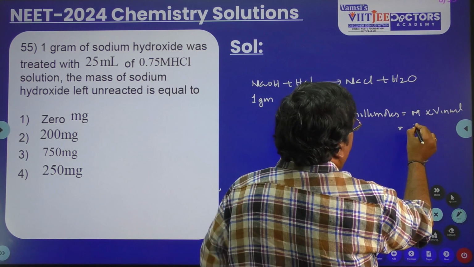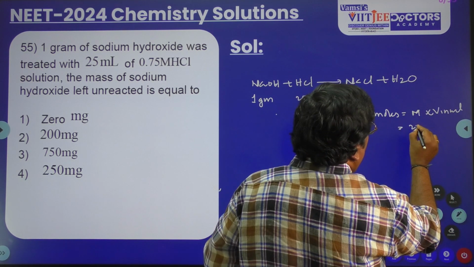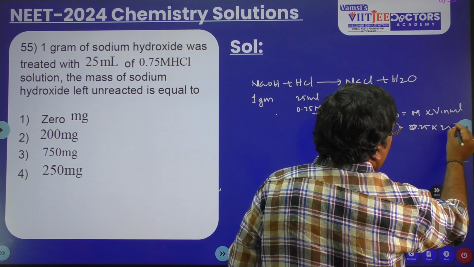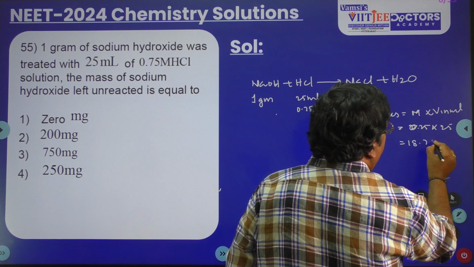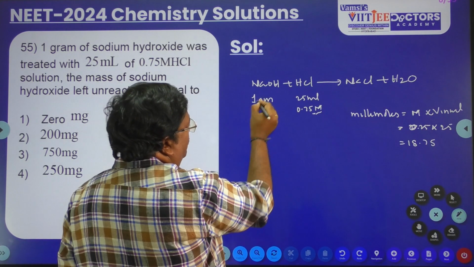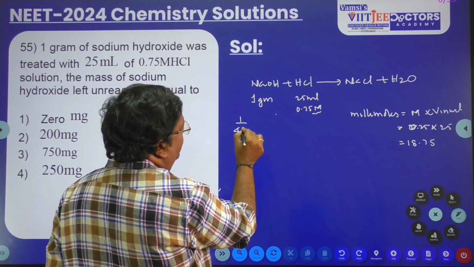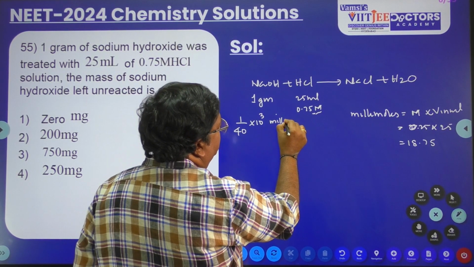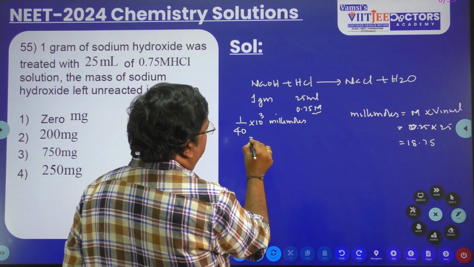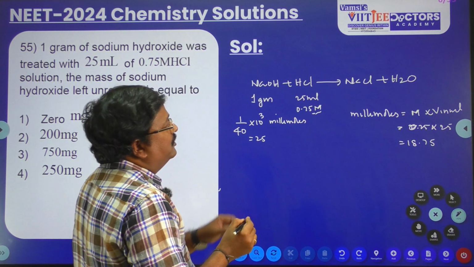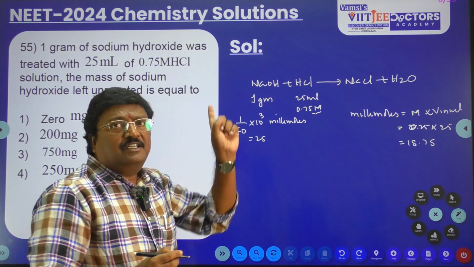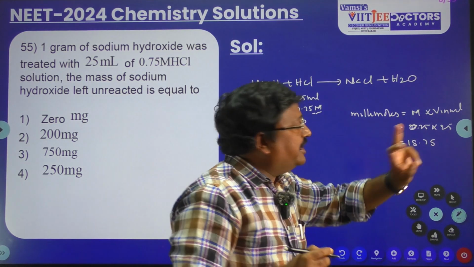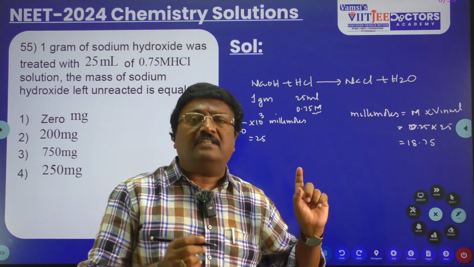Molarity is 0.75 into 25 ml, which equals 18.75. For 1 gram of NaOH, 1 by 40 into 10 power 3 gives 25 millimoles. In the reaction, 25 millimoles of NaOH and 18.75 millimoles of HCl are involved.